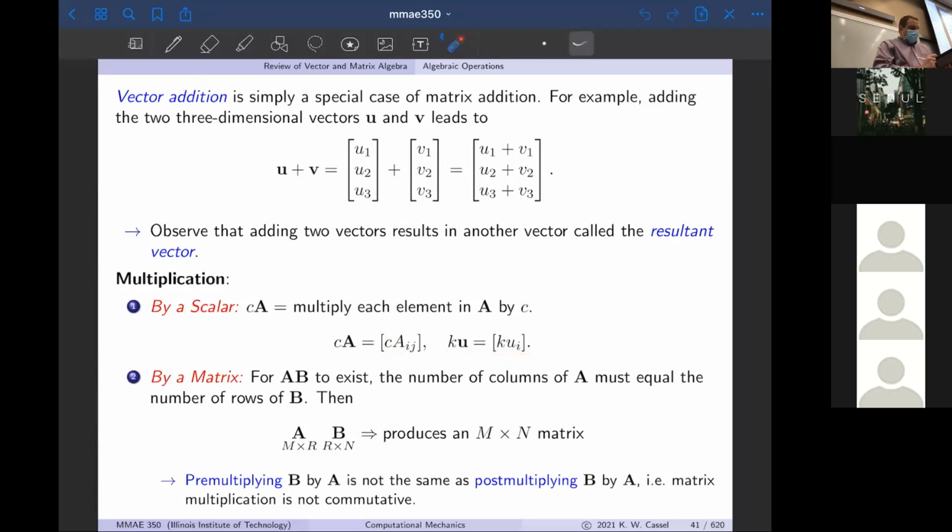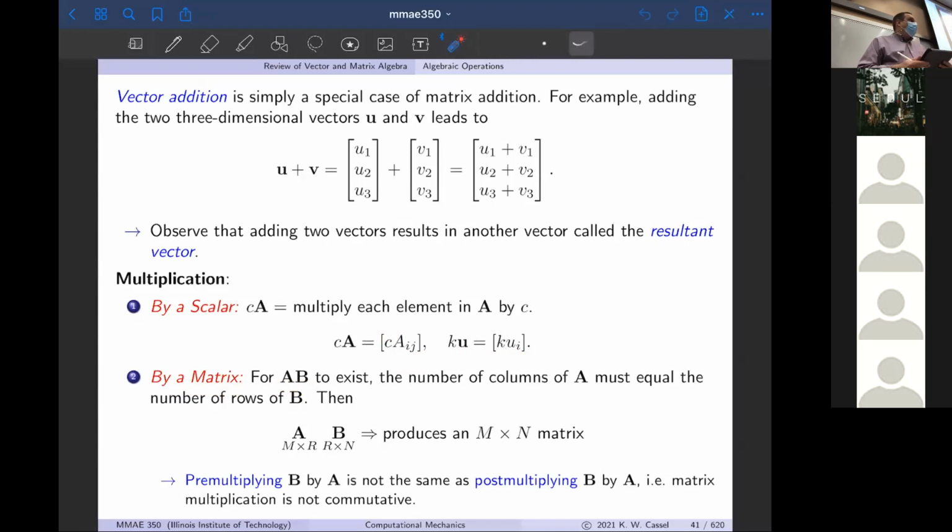Now, the main one is when you have a matrix times a matrix, so matrix multiplication. So if I have two matrices A and B, and I want to multiply them together, I first have to check to see if they actually can be multiplied. The sizes and shapes of them have to be such that that is possible. So let me walk us through that. So A and B are two matrices.